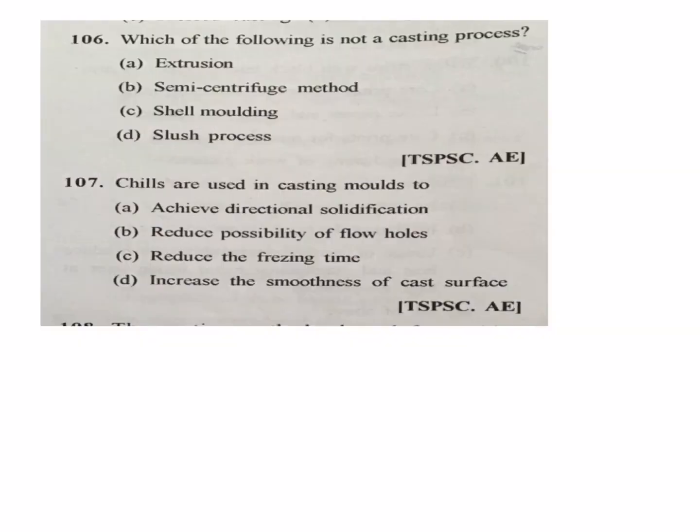D is your correct option. This one, Telangana State PSC. Which of the following is not a casting process? Extrusion, it's not a casting process. Other options, semi-centrifuge method, shell molding, slush casting, all are casting methods, except option A.